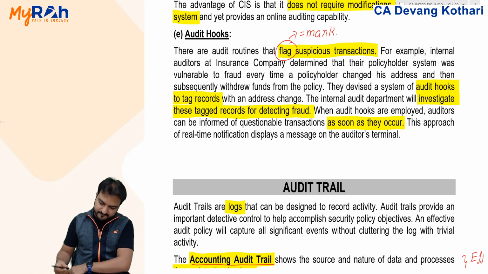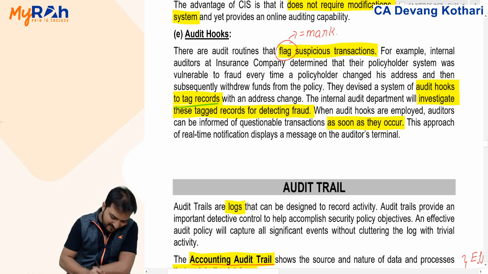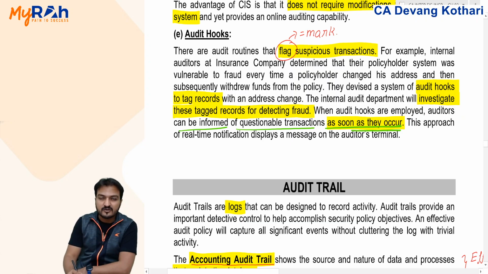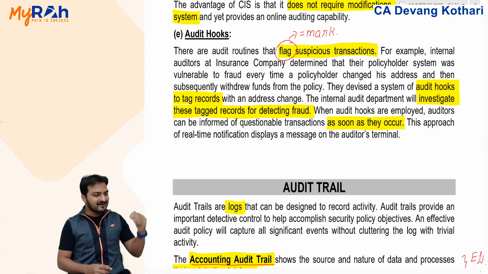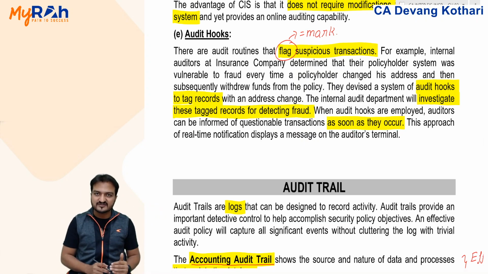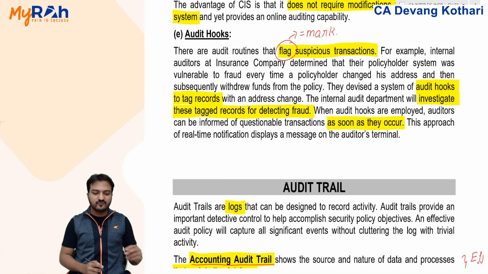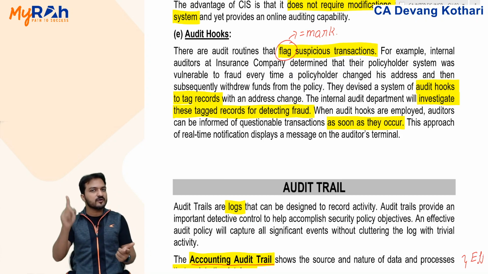Yes. So audit hooks will tag records so that you investigate only these tagged records for detecting fraud. In fact, when audit hooks are employed, auditors can be informed of questionable transactions as soon as they occur. So in future also, whenever an address change request comes from the customer, the audit hook software will flag this transaction and report it to the auditor.